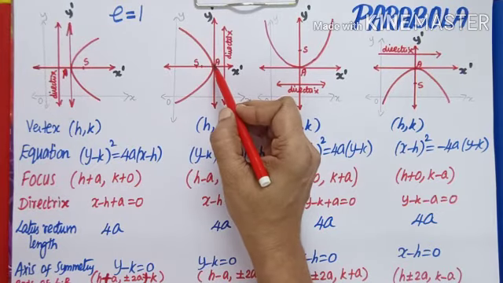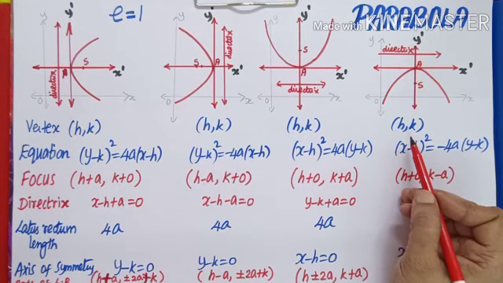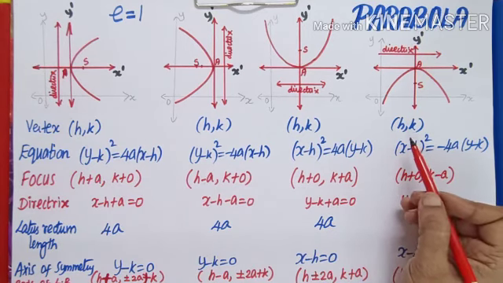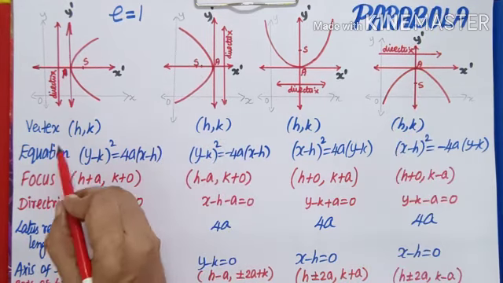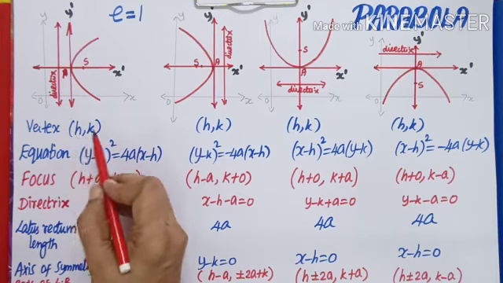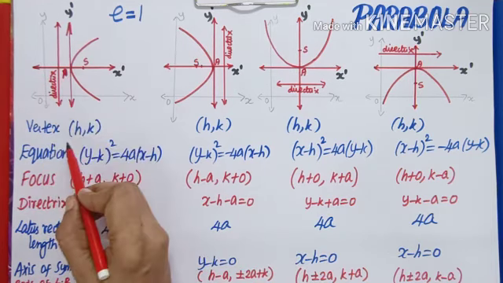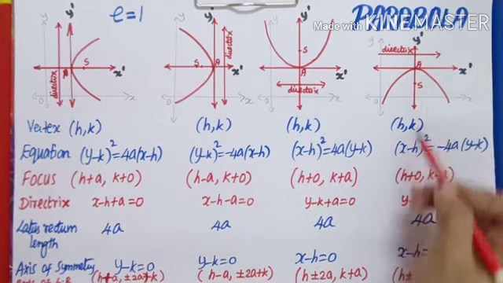We mark the vertex to be h, k, because every time 0, 0 cannot be the vertex. So it is good to learn the equations of parabola with h, k, any arbitrary point, as a vertex. So we have taken the vertex as h, k for all the four types.